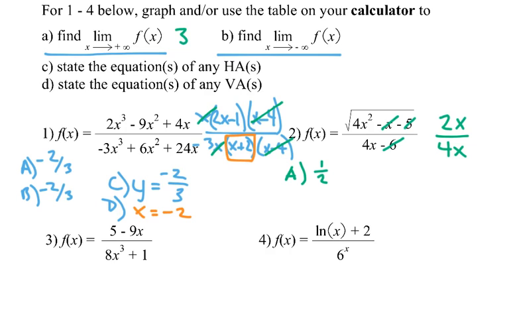The answer to B is going to be slightly different. The reason for that is as we plug negative numbers, so in B we're going toward negative infinity, as we plug negative numbers into the x squared, they're going to become positive, because a negative times a negative is a positive.